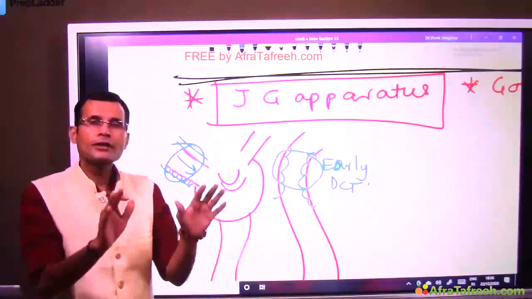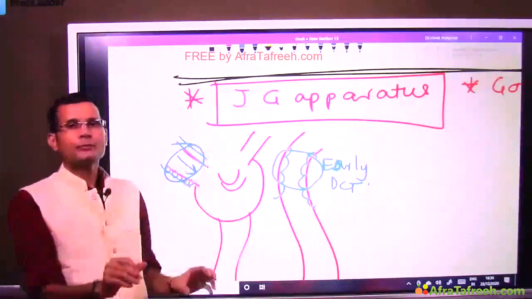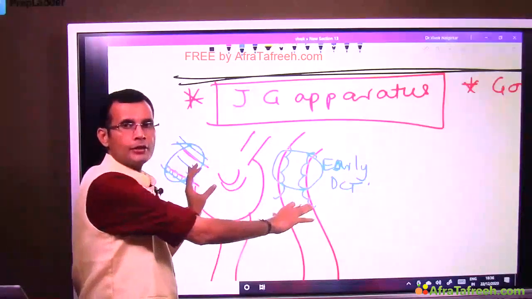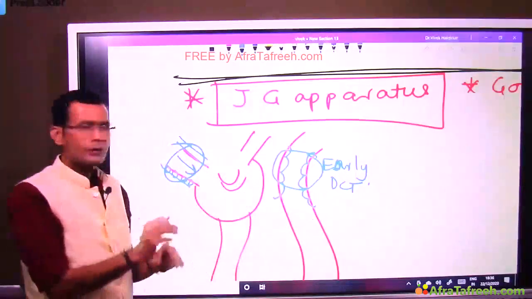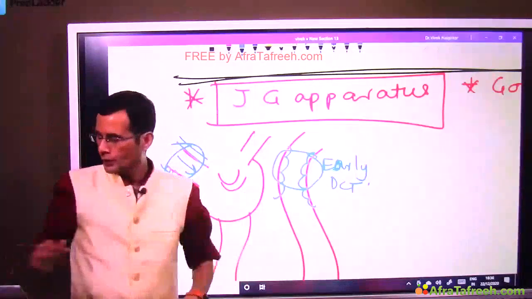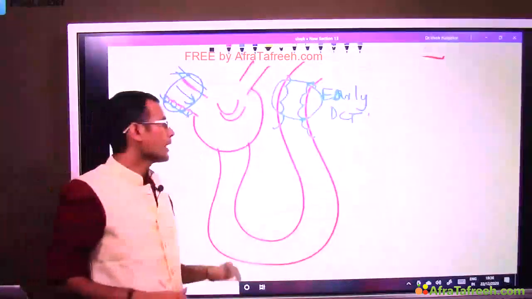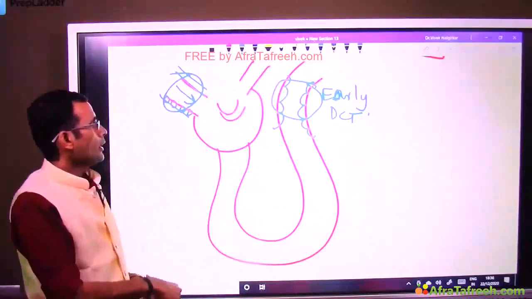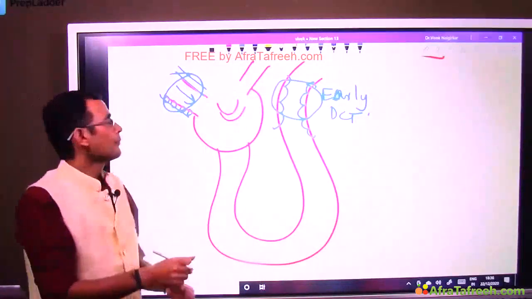And the third cell is between these two parts, the afferent arteriole and the early distal tubule. So these three cells: afferent arteriole, early DCT, and the cell between these two. And therefore this makes a complex.